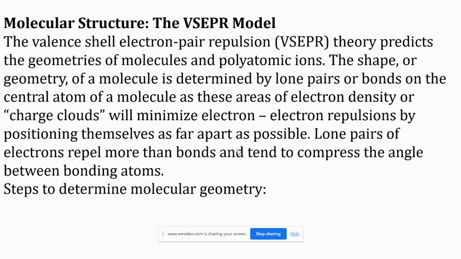Okay, so VSEPR, as opposed to the church, which is vesper. This VSEPR refers to valence shell, so that's the outer shell. Electron pair repulsion. Why would they repel?